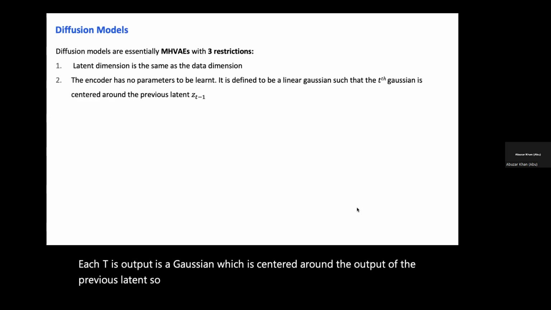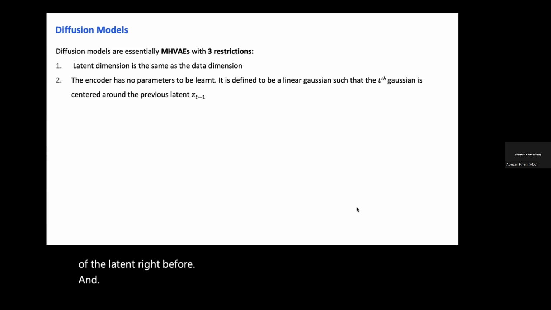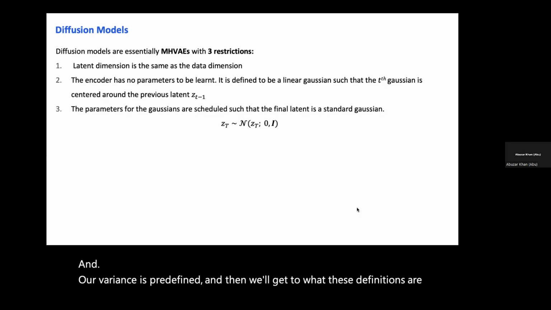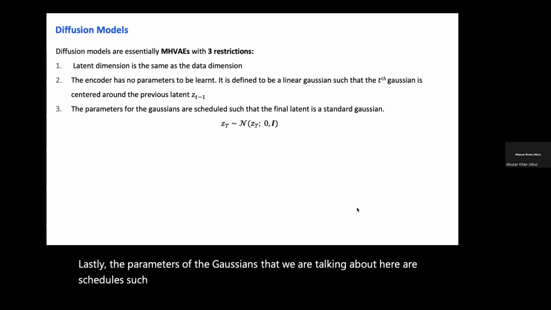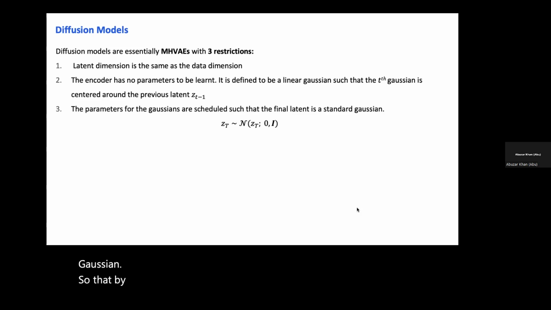So the mean is a scaled version of what comes out of the latent right before, and our variance is predefined. We'll get to what these definitions are. Lastly, the parameters of the Gaussians are scheduled such that the final latent is a standard, isotropic Gaussian, so that by the end of the process we have no information left. It's complete Gaussian noise.